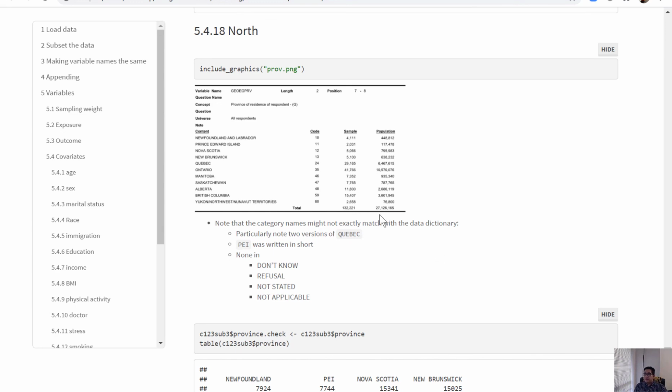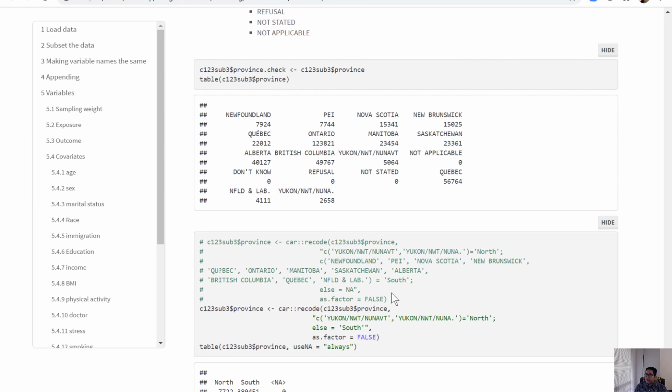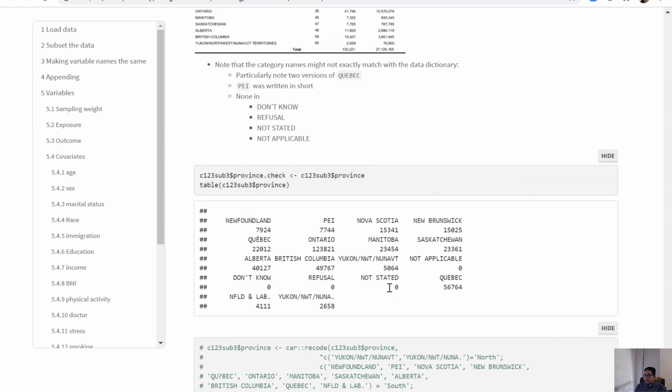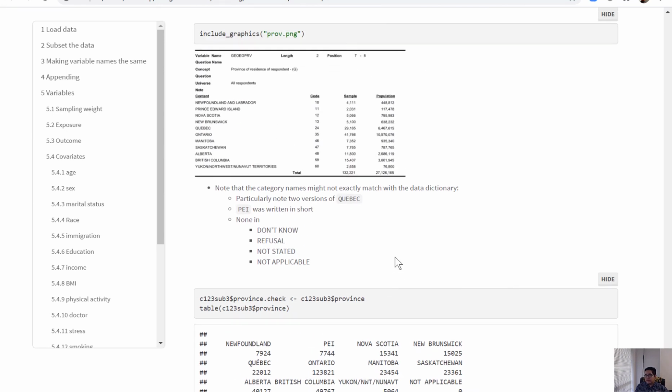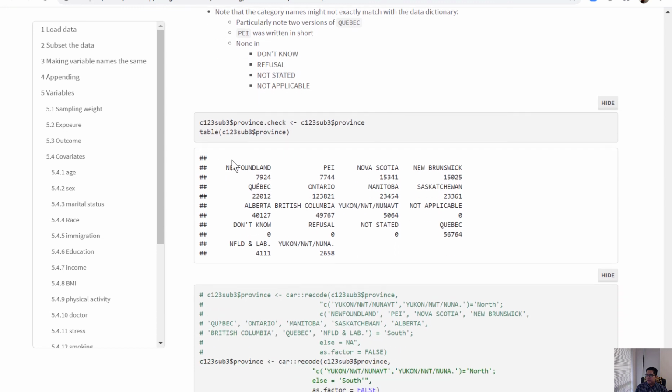I am recategorizing them here into the south, all of the southern Canadian provinces, and the north, the northern Canadian provinces. There are a couple of things that you should know. For example, if you go to the data dictionary, you will see the names are written very nicely, but if you print out the table of that variable, you will see the names are slightly different.